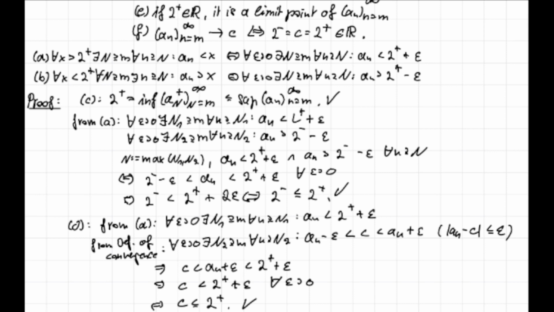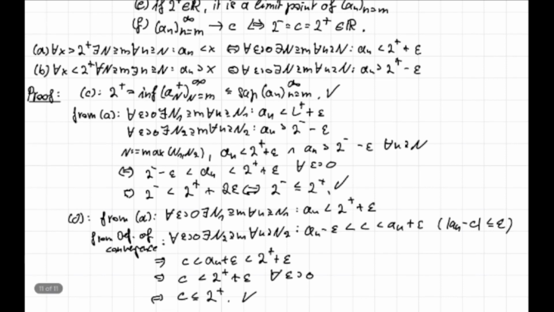We just need to find for every epsilon greater than 0 some index such that an lies in the epsilon field of L plus. Yeah, and for that B will be useful, but also A.